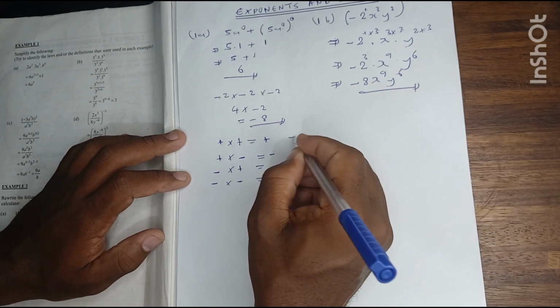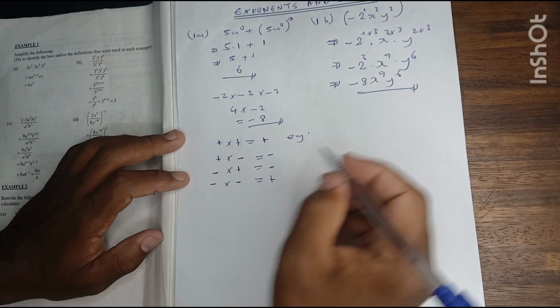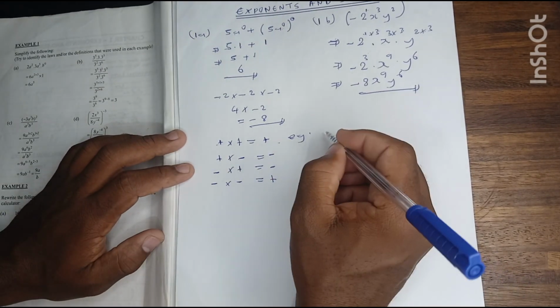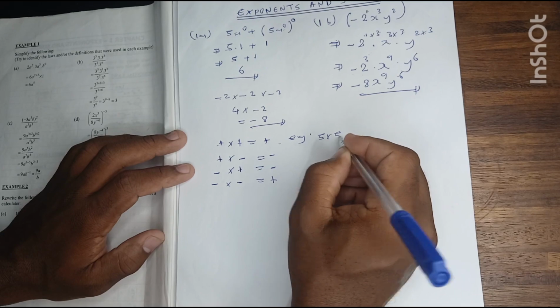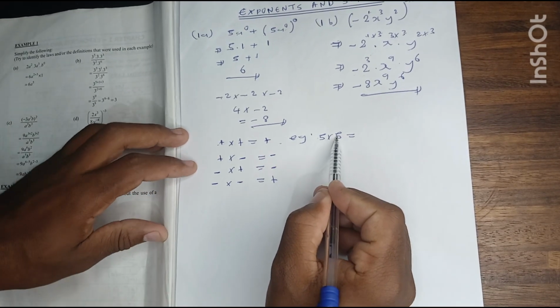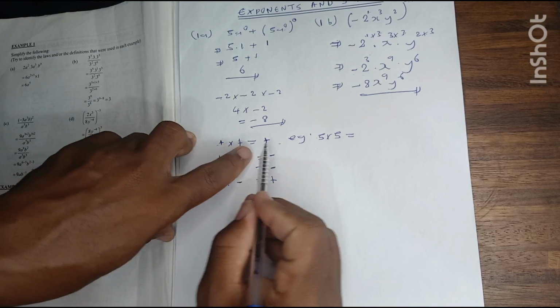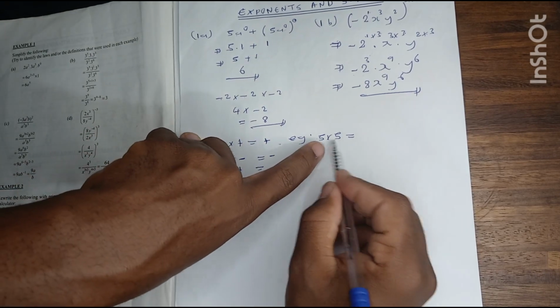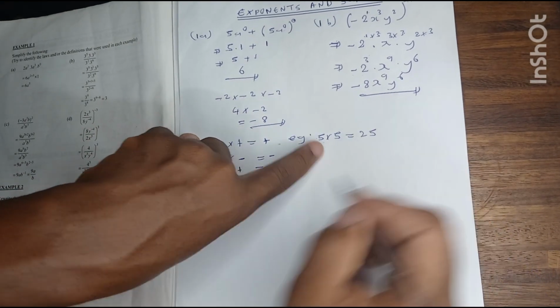For example, let's use this one first. If you're saying 5 times 5, can you check that the 5 is positive and the 5 is positive? We said a positive by a positive is positive, so it's going to be 5 times 5, which is 25.